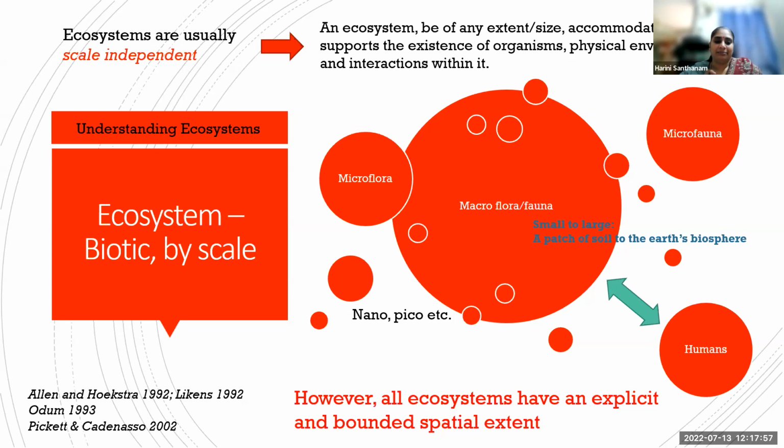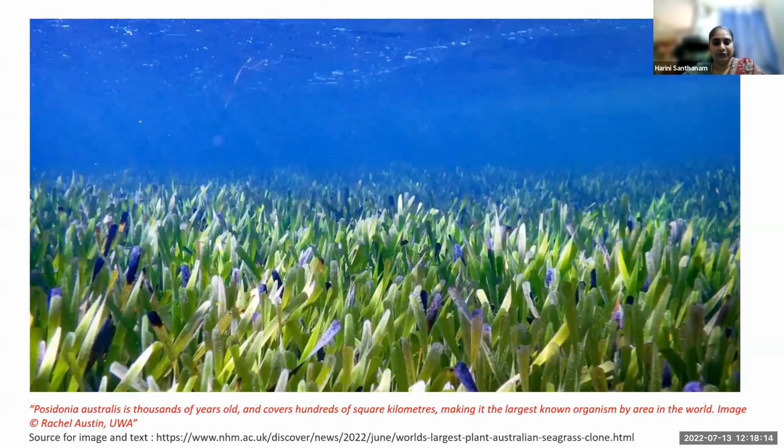But if we look at the perception of scale, we have to now understand and accept that ecosystems are scale independent. And within different scales, we can find different types of ecosystems themselves, which are functioning as self-regulating units. Now, here you see a photograph of a seagrass system. This is actually a seagrass field, I would call, of Posidonia australis, which was recently discovered.